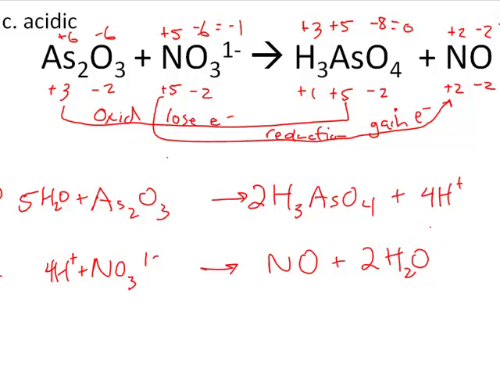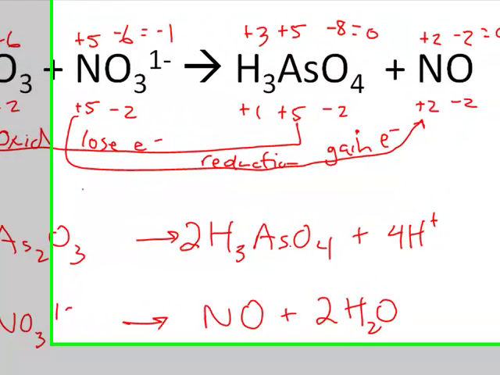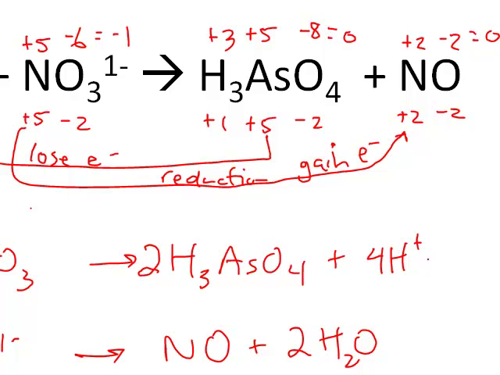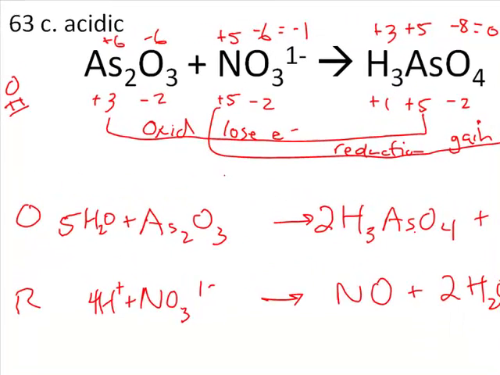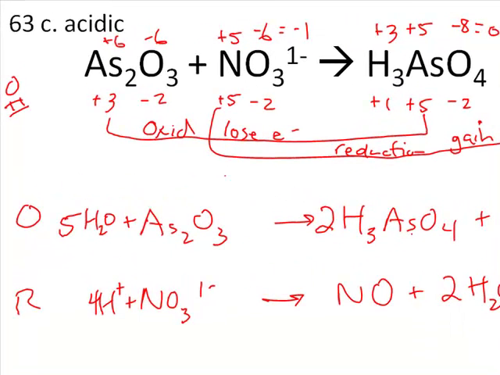Next step is to balance the electrons. So on this side we've got 0 charge on the oxidation reaction. This side we've got 0 plus 4 hydrogens, so we would need 4 electrons to balance the oxidation. In the reduction one, we've got 4 positives and 1 negative.